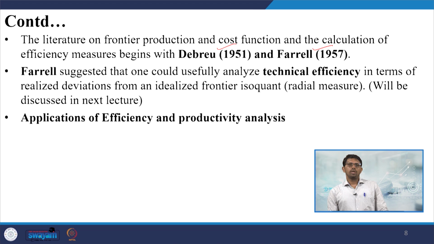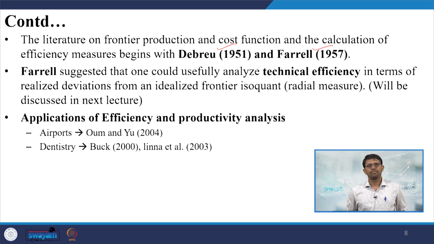Coming to the application of efficiency and productivity analysis, there are different findings by different authors.